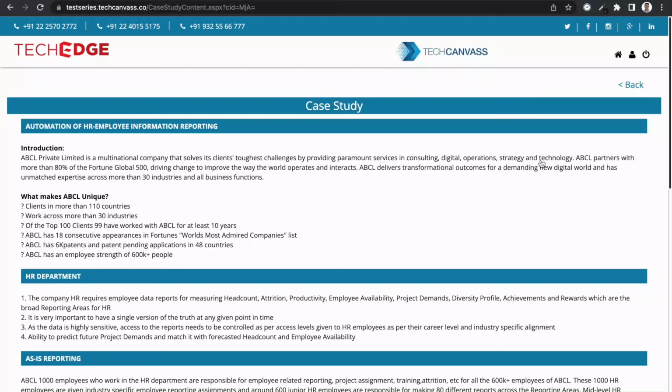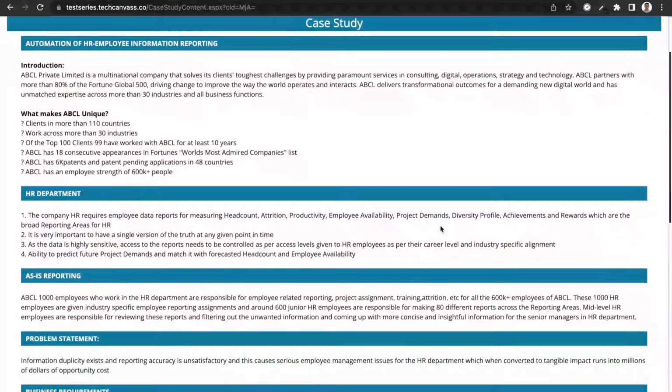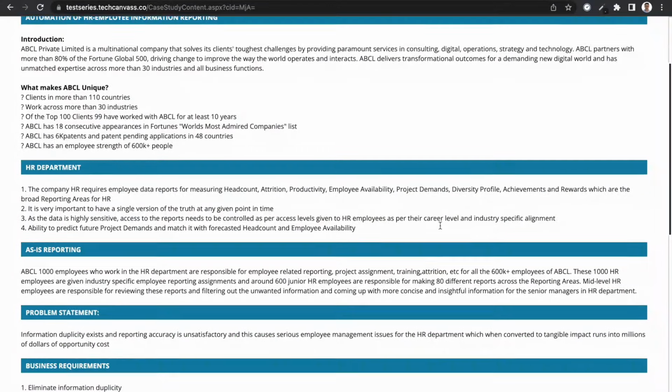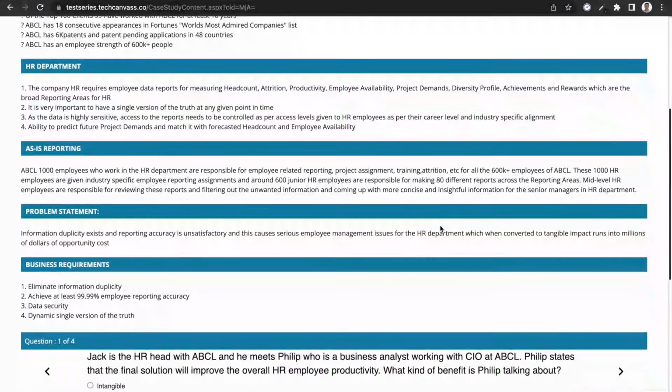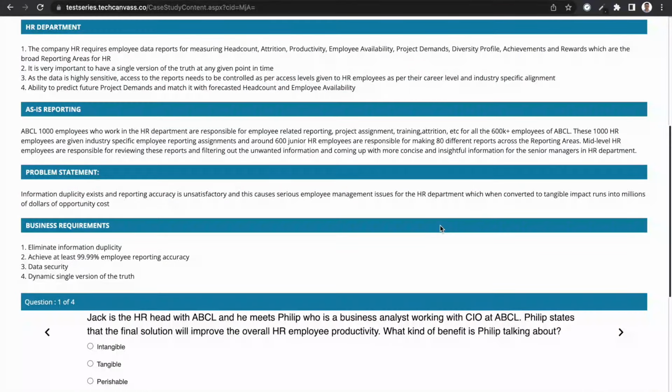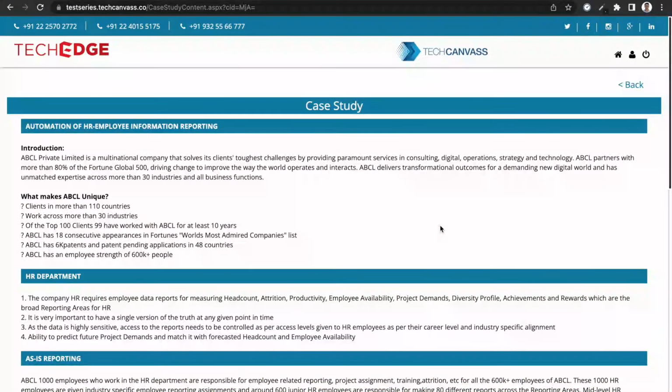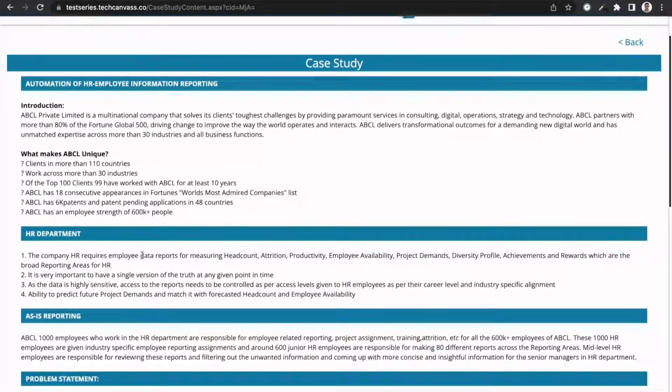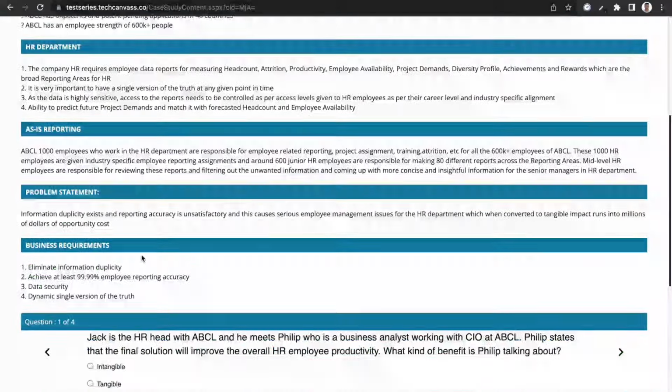It again has multiple sections like automation of HR employee information reporting, HR department, as-is or current reporting, the problem statement, and the business requirements. Again, it has a lot of content, information, and data. For example, the client is in more than 110 countries, works across 30 industries, and a lot of data information has been given to you.